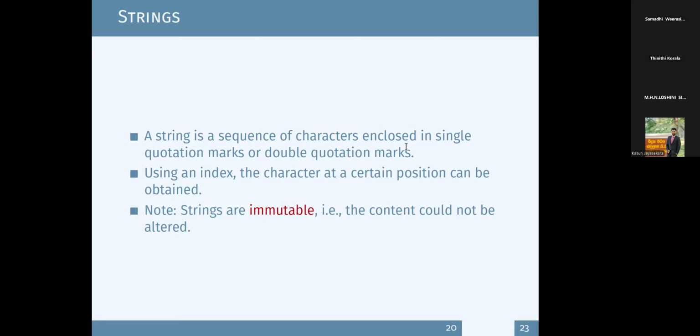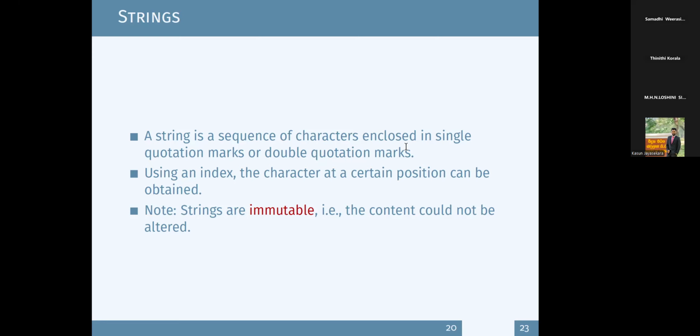In this one, what we discuss is strings, and along with strings, I'm going to discuss the slice operation, which we can use for other data structures as well. Strings you can think of as a sequence of characters, and therefore you can use an index to get the position of a particular character.